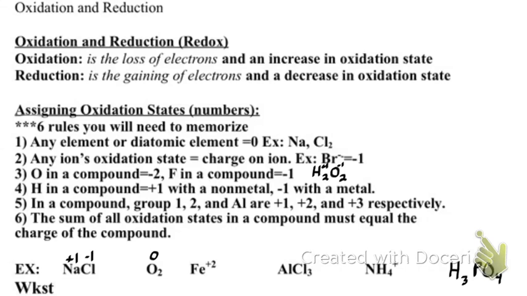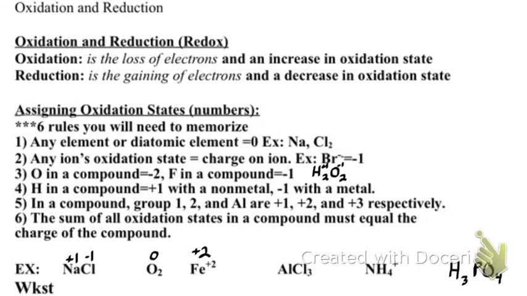So this is an iron ion. So it is not an element or diatomic element. It is an element, but it is an ion. So this ion rule comes into play. And any ion's oxidation state is just the charge on the ion. So because this iron has a +2 charge, its oxidation number is +2.